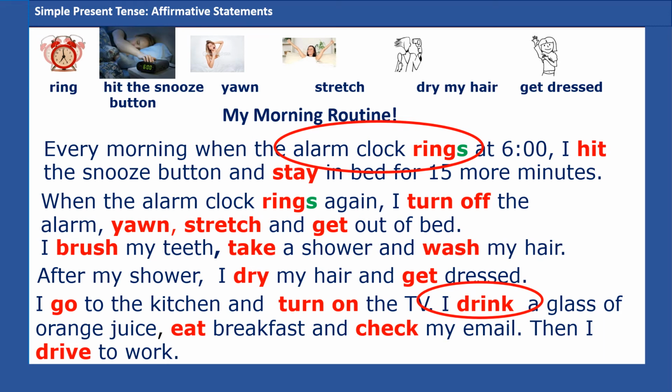Do you remember what else we use when the verb has no S? I drink, you drink, we drink, they drink. But if I want to use he, she, or it, yes, we need to say S. He drinks, she drinks.